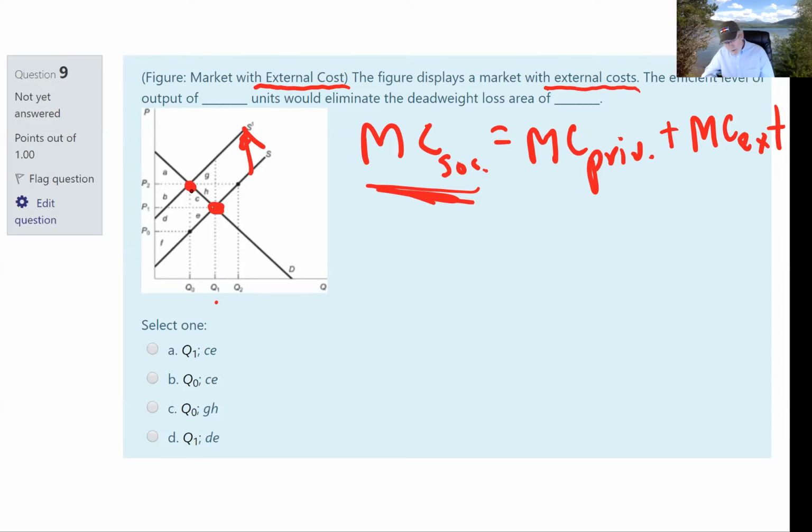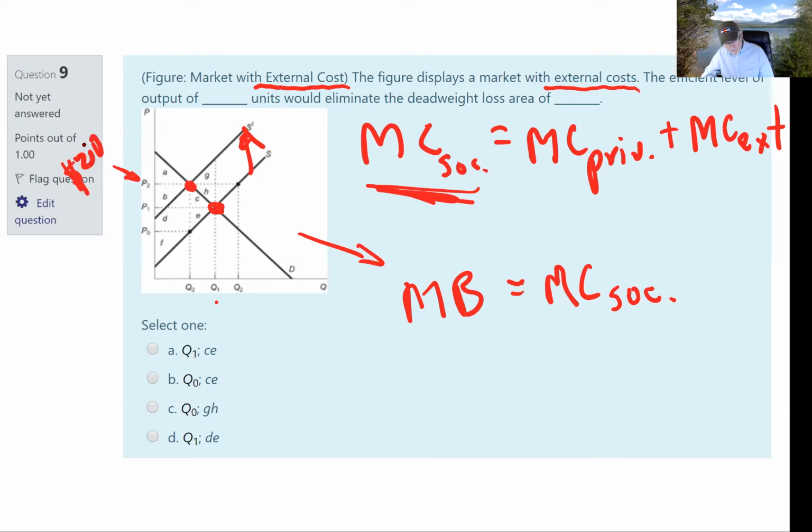The efficient quantity is determined at that point because that is the point which shows that the marginal benefit of that last unit is just equal to the marginal social cost of that last unit. Let's put it in some numbers. Let's say that this was $20.